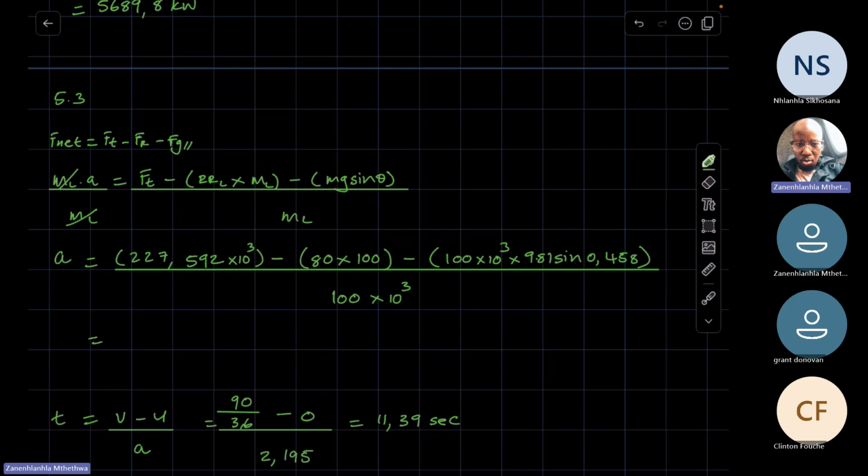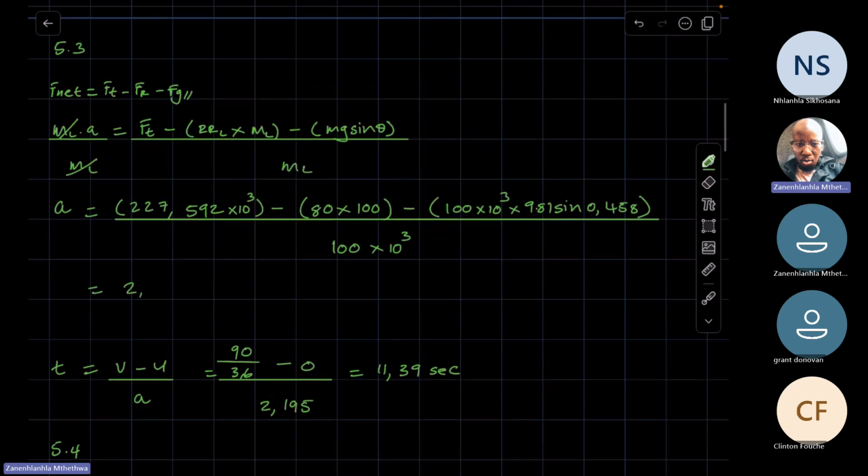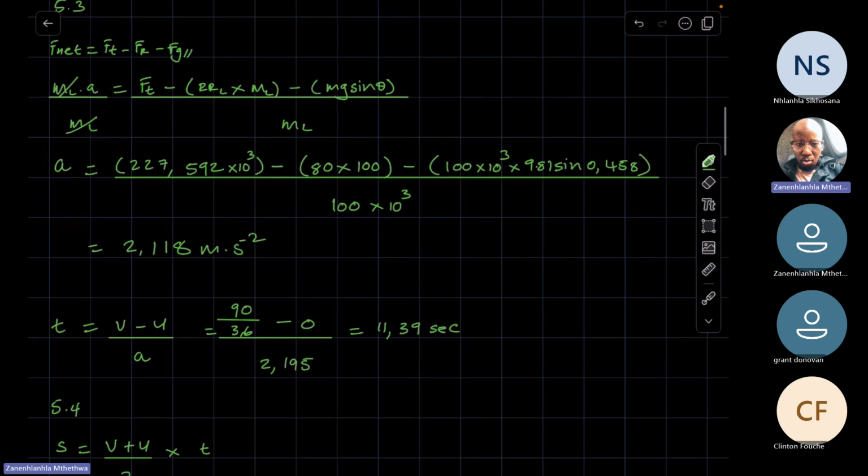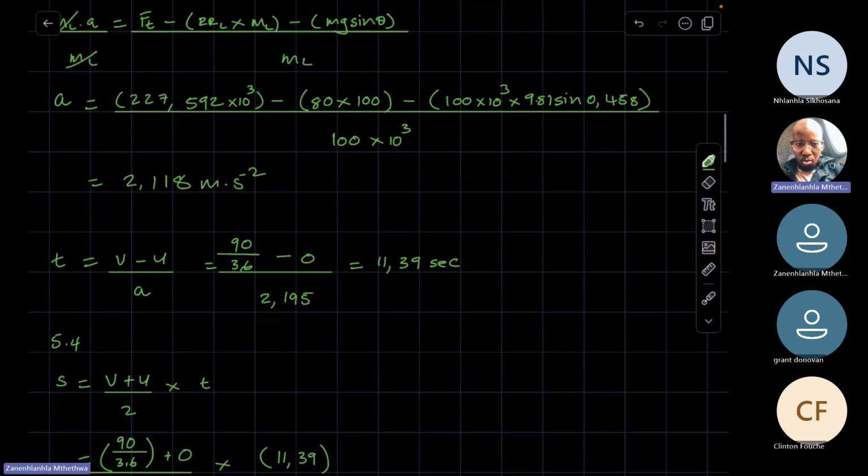So I'm getting here 2.118 meters per second squared. Are you getting the same thing? Yes, sir. Right.